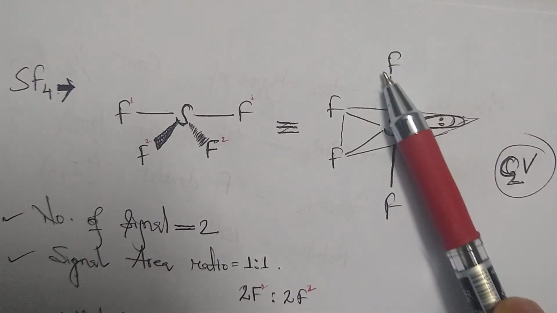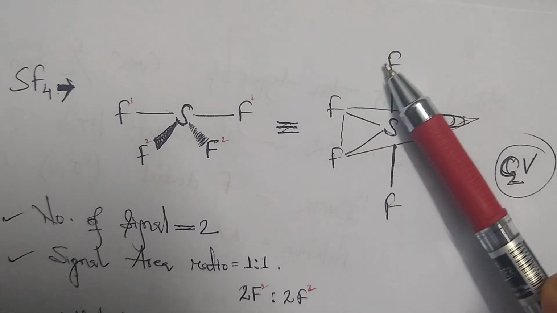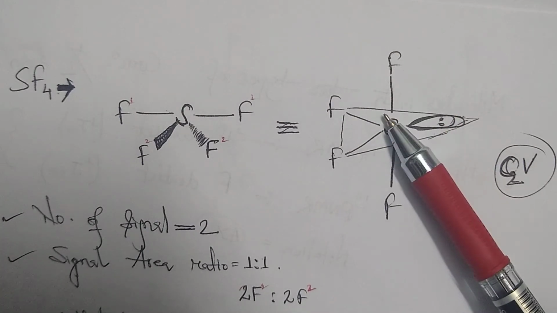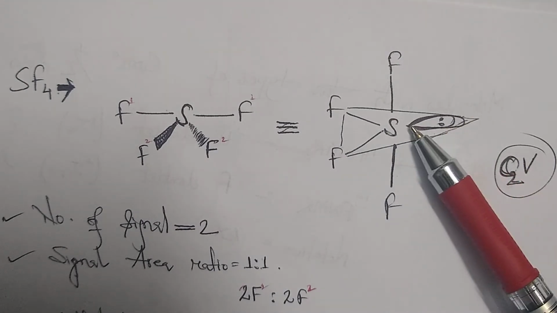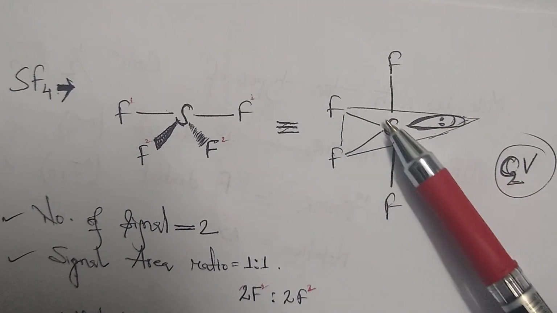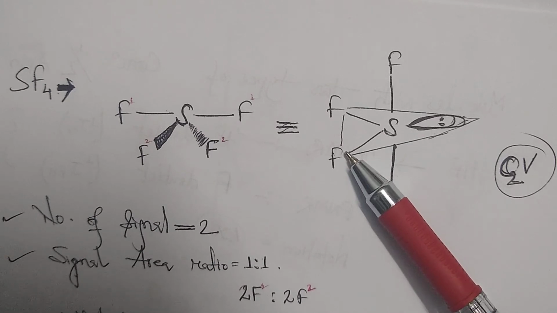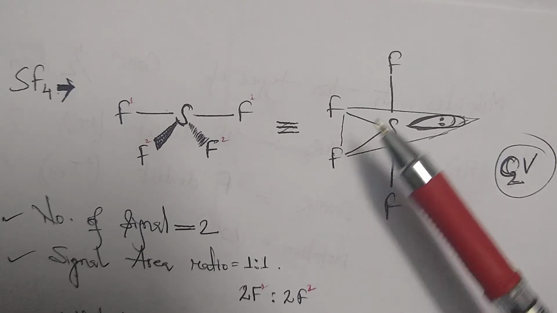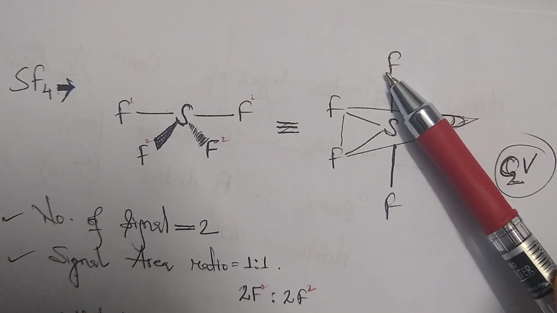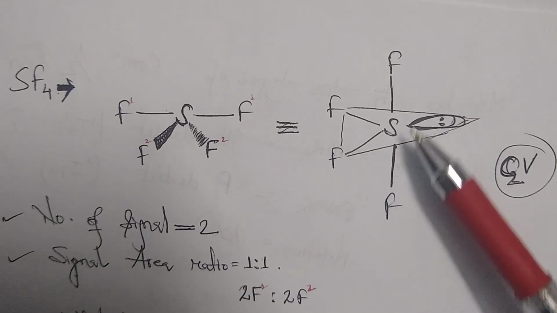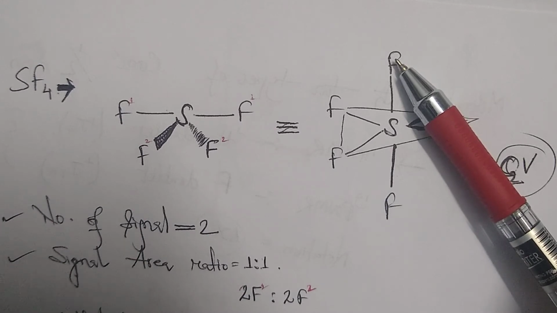Now if we consider one of these axial fluorines and look from this side, we will be able to see one lone pair lying in a trigonal plane along with 2 fluorines at the different corners. We will not be able to see the fluorine lying on the other side.